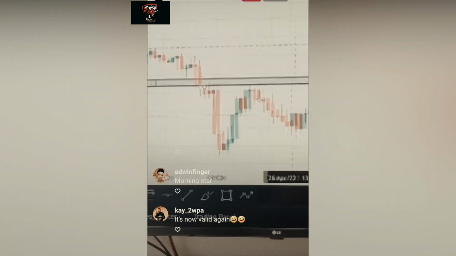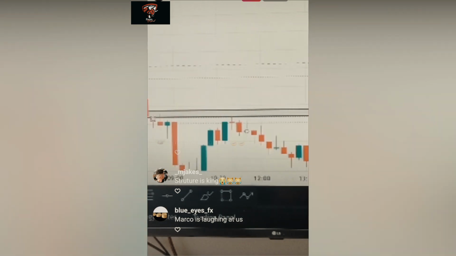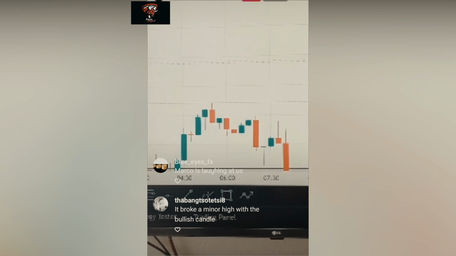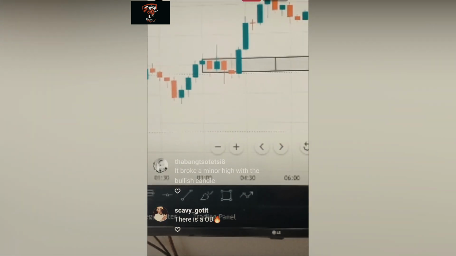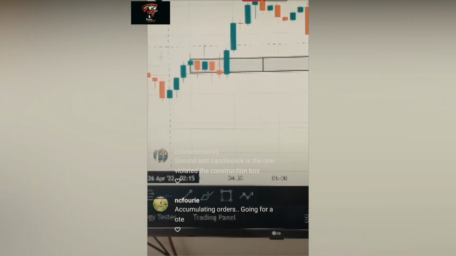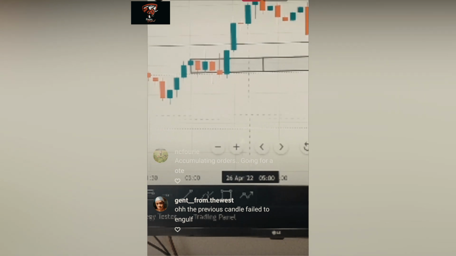Because there wasn't a starting point and an ending point. Oh, let me just explain it to you quickly. So it's almost like there was a range, right? There was this high, and then there was this low.